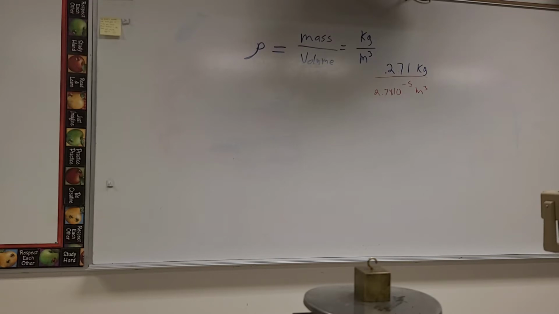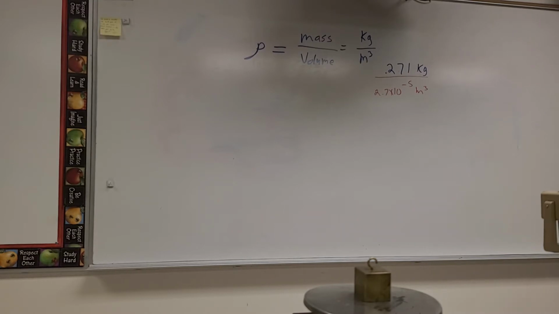So the closest one we have, so I got an answer of 100,370 kilograms per cubic meter, which means I did something wrong. It should actually be 10,037. So that means it's probably lead.